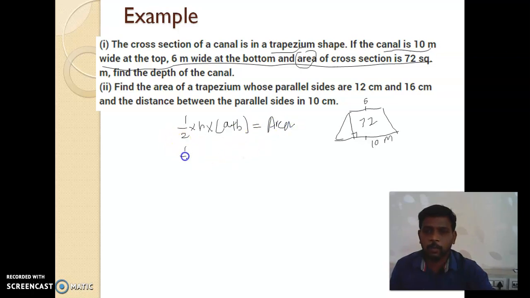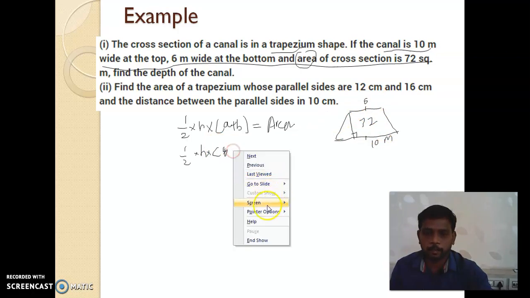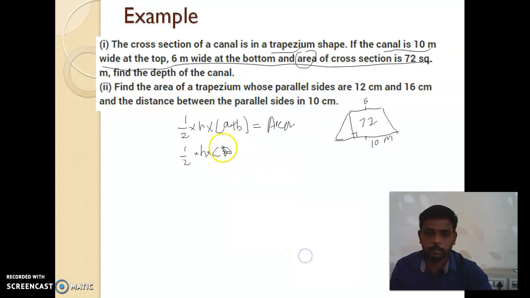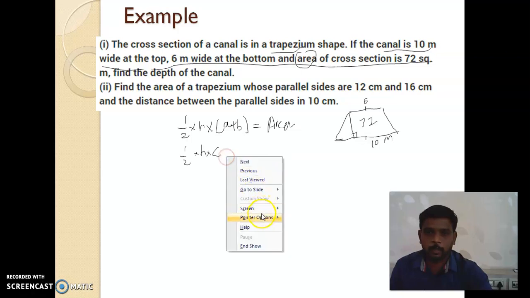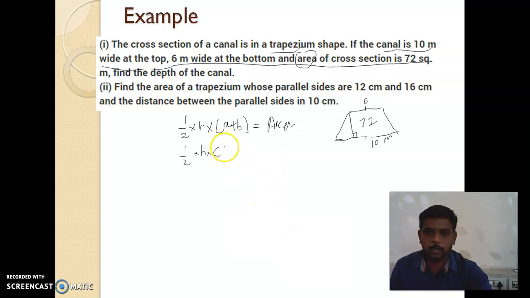So half into height, which we don't know, into A plus B given here, that is this one A and this one B. So 6 plus 10, equal to area.